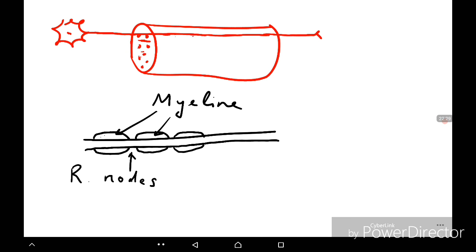Nodes of Ranvier, or simply Ranvier nodes.